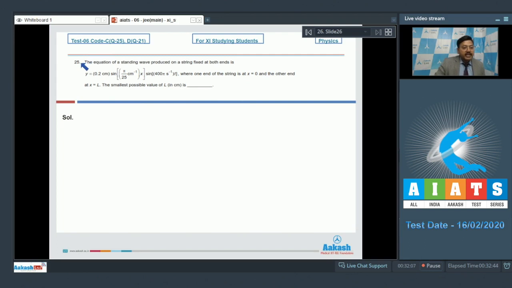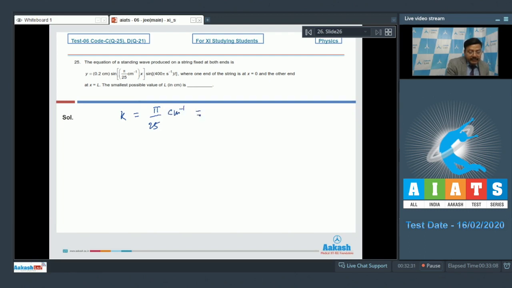Well, what we see here is that the equation of the standing wave is given to us, and we can compare it with y equal to a sine kx sine omega t, and by that comparison we find k is equal to pi by 25 centimeter inverse.